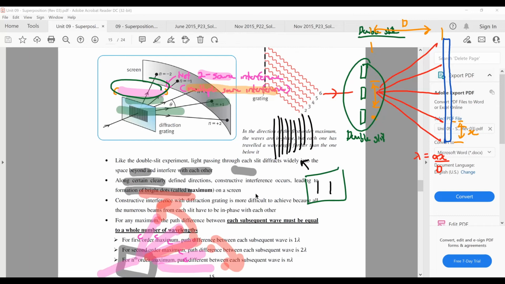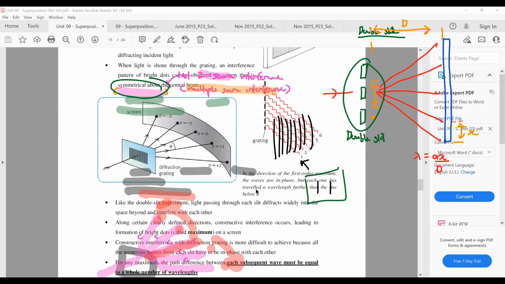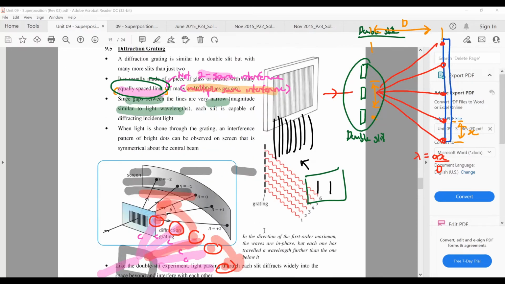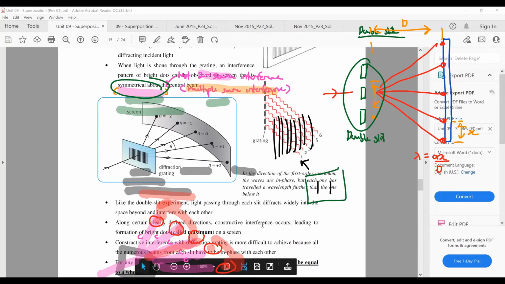Needless to say, these bright dots that you have here are due to constructive interference, much like the case for double slits. But the way they are formed is slightly different.